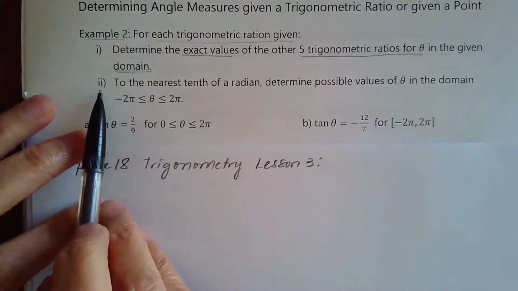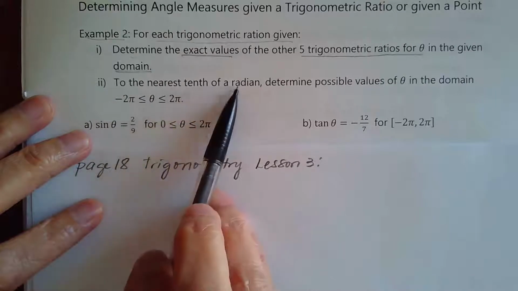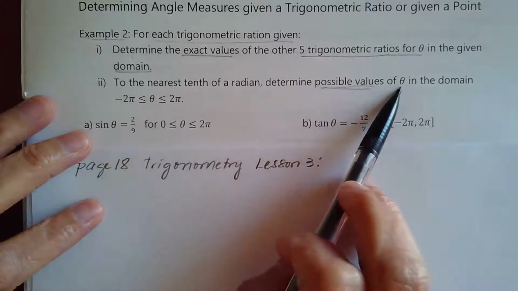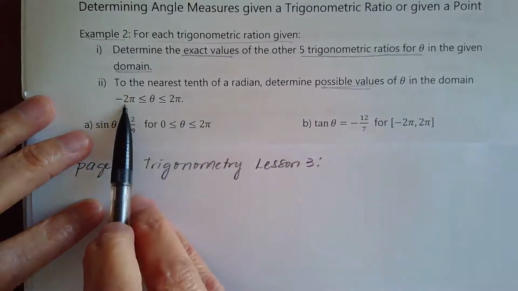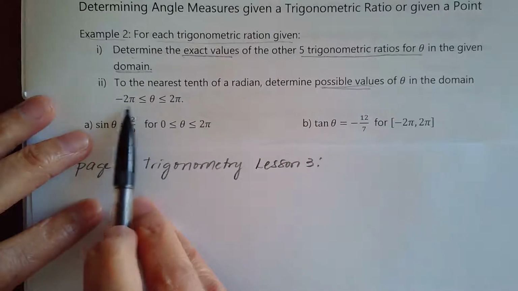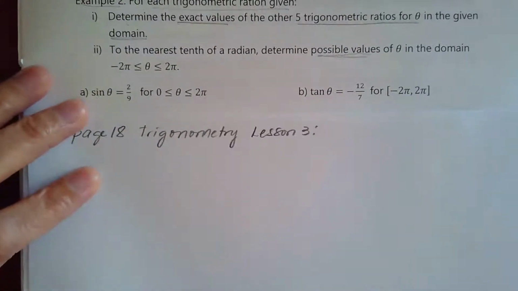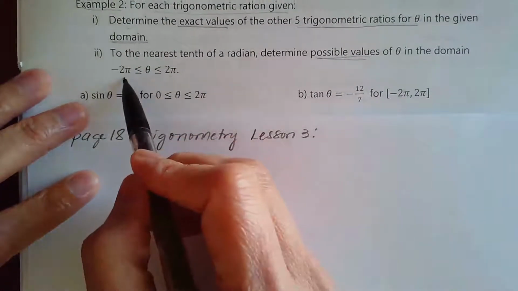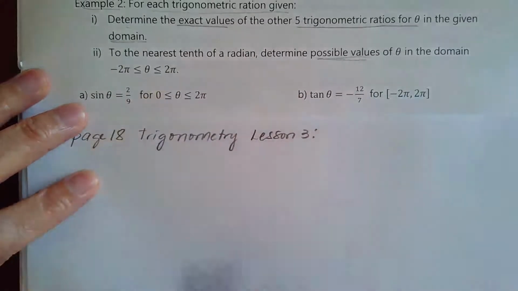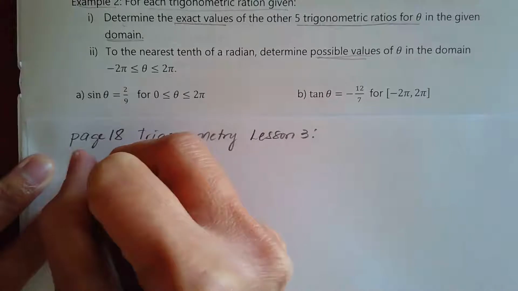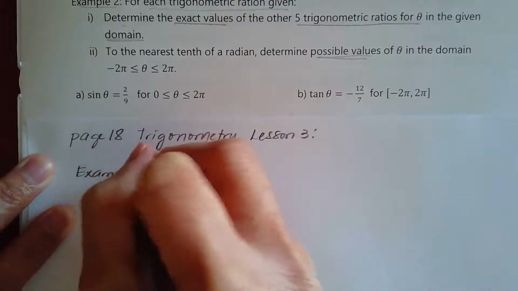And then the second part is to the nearest tenth of a radian, determine the possible values of theta in the domain between negative 2 pi to positive 2 pi. So we are basically from negative 2 pi to positive 2 pi radians. Let's take a look. So example 2.